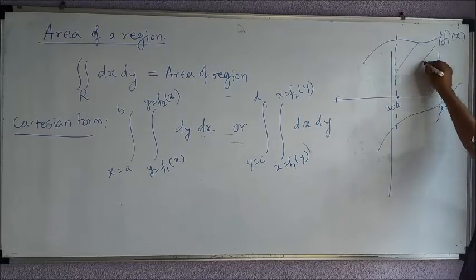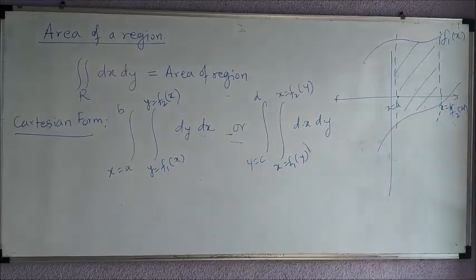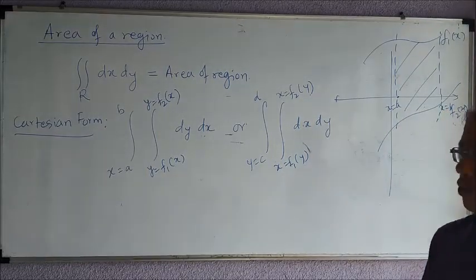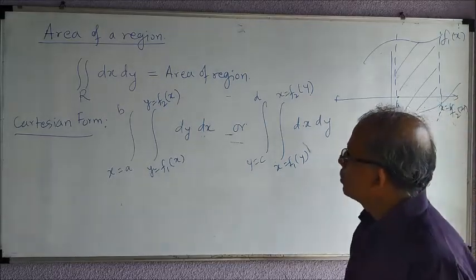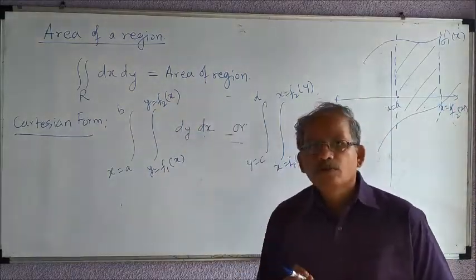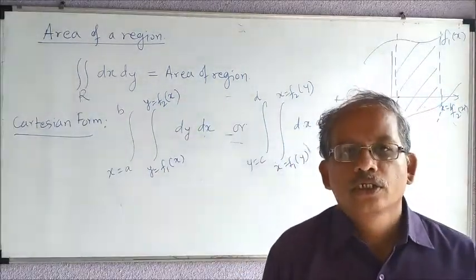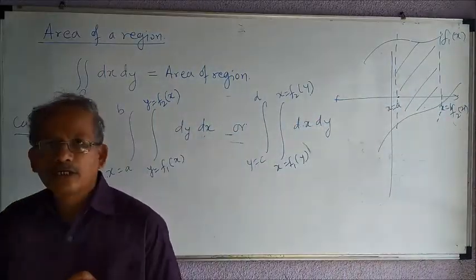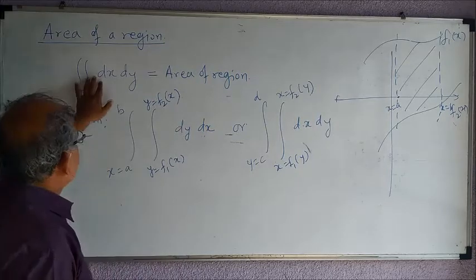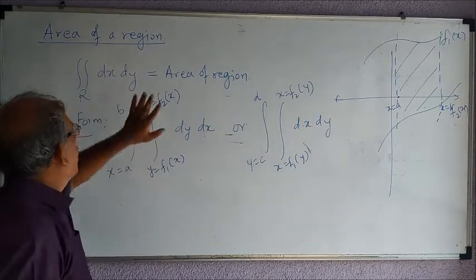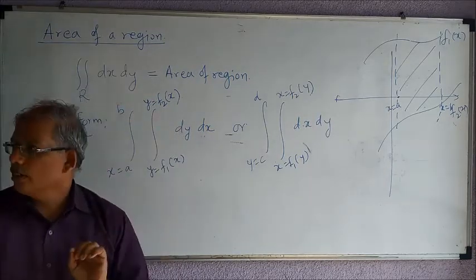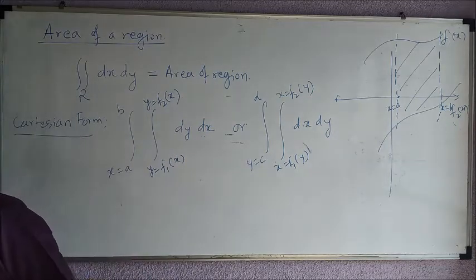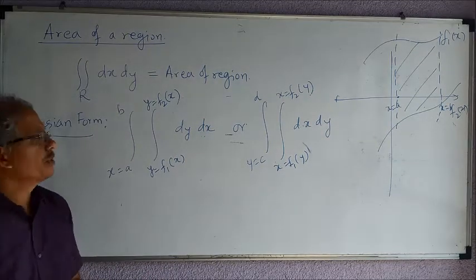So one of the applications of this definite integration is to get an area which is between the two curves. Remember here the integrand is absent. It is one only, and only dx dy you have to take inside the integration. Let us take one example of this.